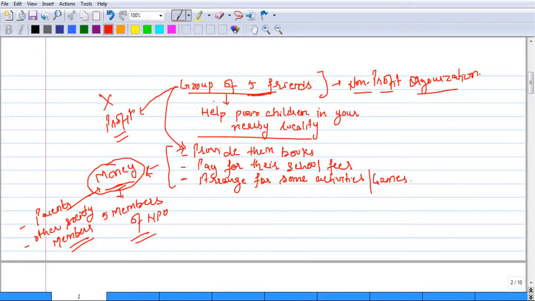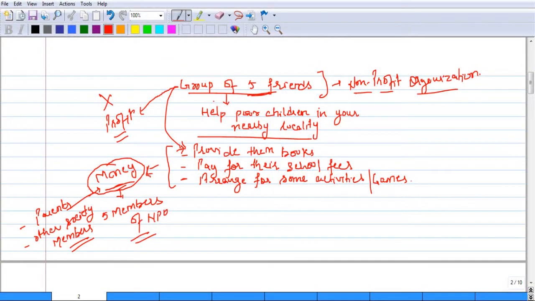What are the sources for that money, basically? So that's why the government said that even if you are a non-profit organization, your aim is not earning profits, but because you will be getting some money and spending some money, you must account for that money.